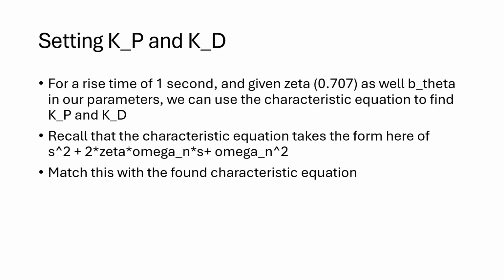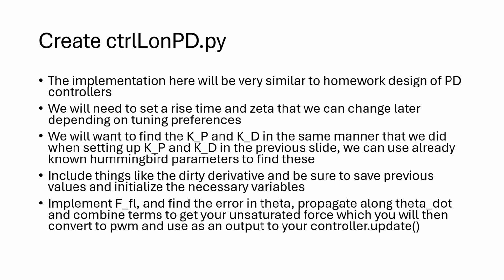If we recall that our characteristic equation is going to take the form of s squared plus 2 times zeta times omega n times s plus omega n squared, we can match coefficients and terms in order to solve for Kp and Kd. So Kp and Kd are just going to be in terms of those parameters that you will know.